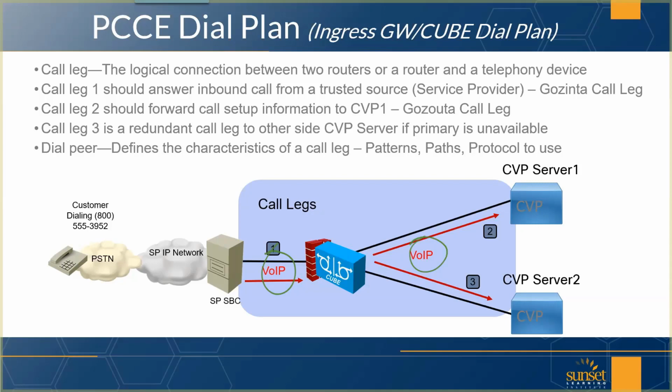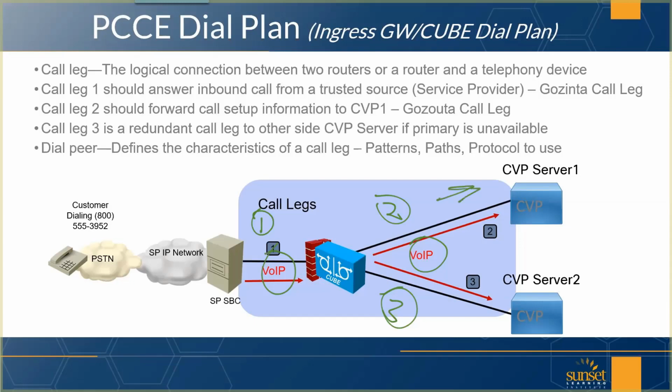So the call leg is defined as the logical connection between either two routers or the routers and a telephony server. So here we've got 1, 2, 3 call legs. We're assuming that call leg 1 is answering the inbound call from any trusted service provider source. Call leg 2 is forwarding call setup information to CVP1.